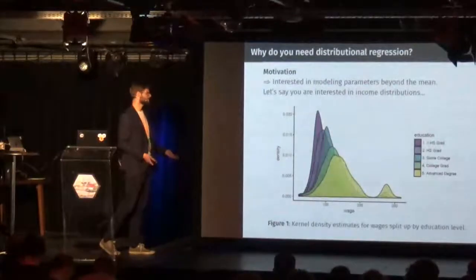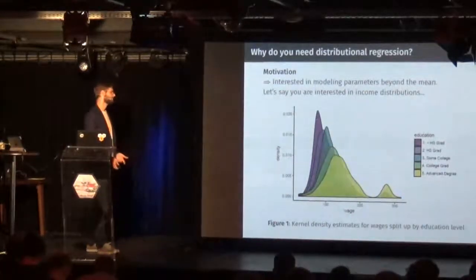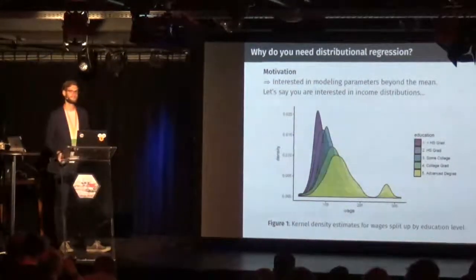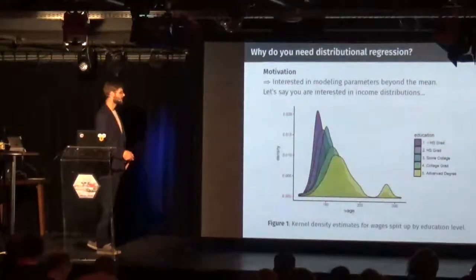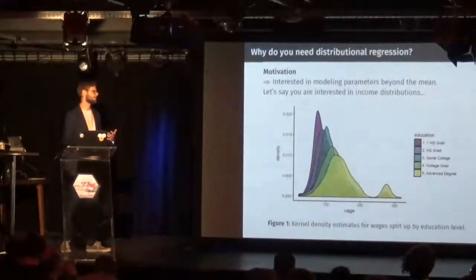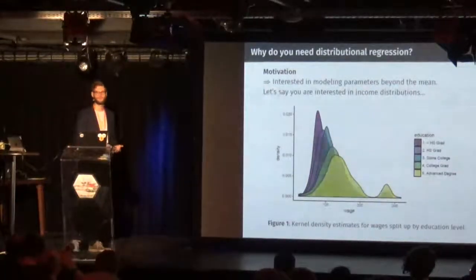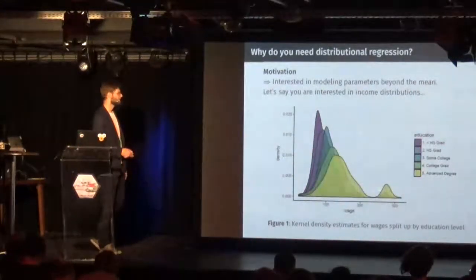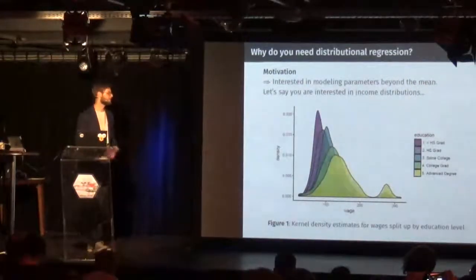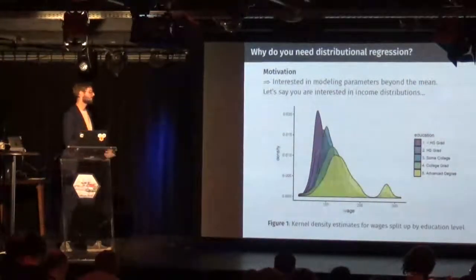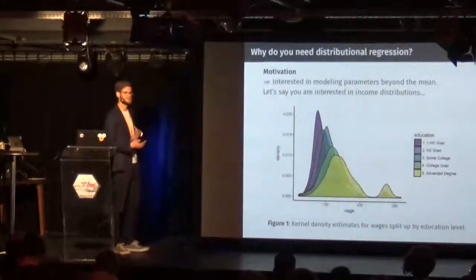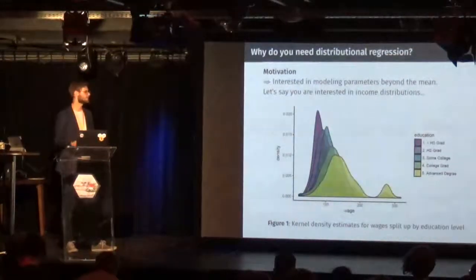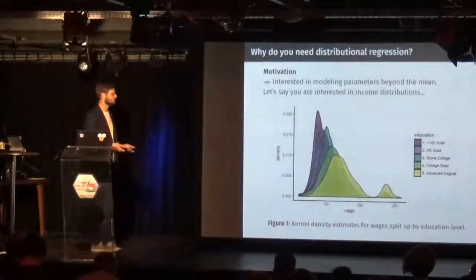And the takeaway from this is that you can see that the distribution not only differs in the location, which means that it doesn't only vary along the x-axis, but it actually also is different in scale, which means that we have a different variance, for example, for higher educational people, and for lower educational people we have a shorter variance. Which means that you might have different parameters that you want to model with different variables.